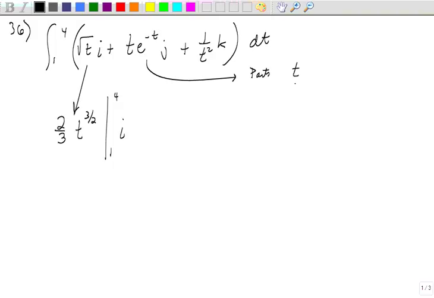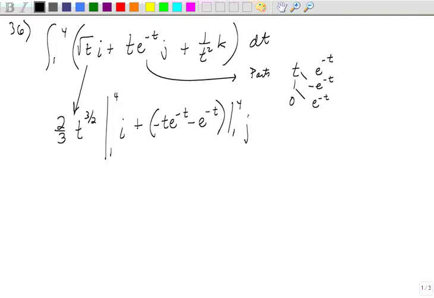We'll do it the quick way, and we're going to integrate e to the negative t, and multiply those. So that's going to be minus t e to the minus t minus e to the negative t, 1 to 4, j. And when we integrate 1 over t squared, that's t to the minus 2. So that's going to be minus 1 over t, 1 to 4.